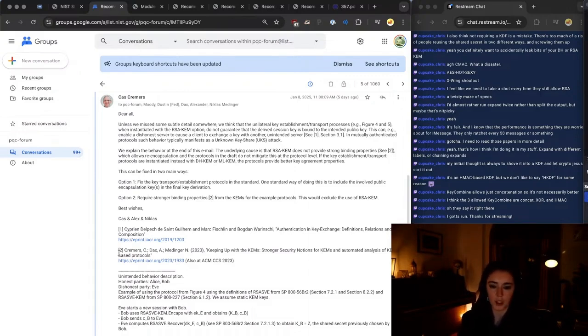It's just adding more material. Eve learns the nonce because it's encrypted under the shared secret. Forwards it to Bob, who also incorporates it in their final shared secret key K, where you put Z concatenated with the nonce through that KDF we were talking about. Thus, Alice and Bob share a key, but Bob thinks it is shared with Eve.